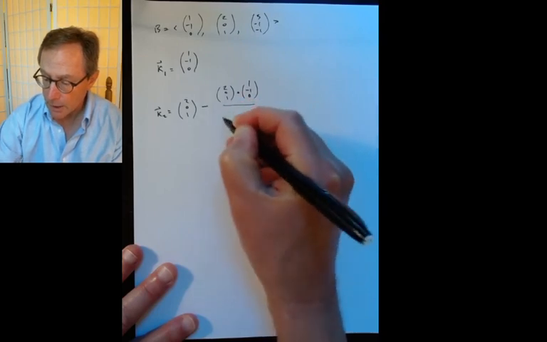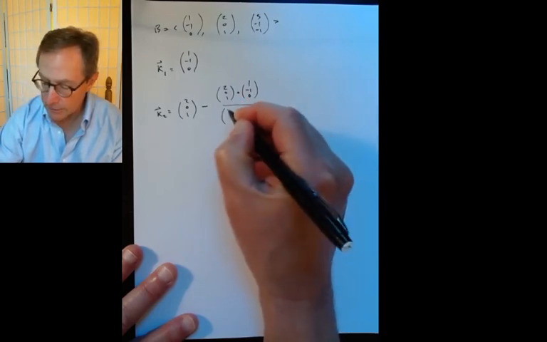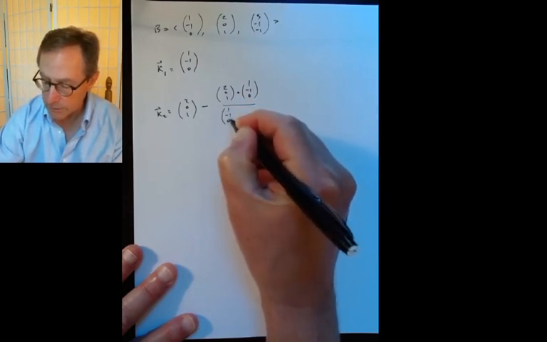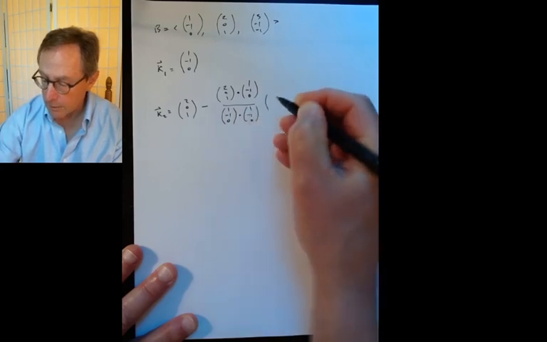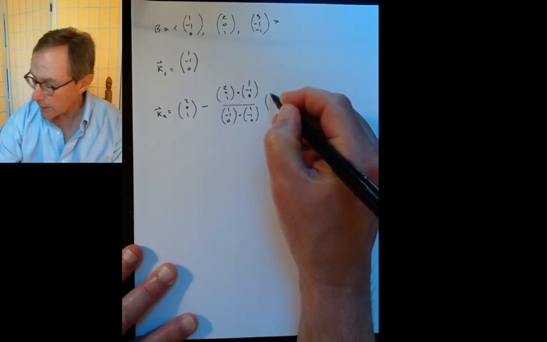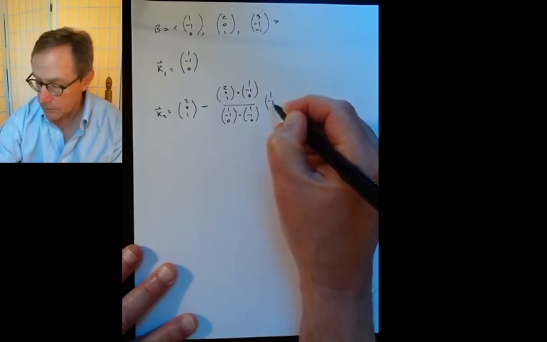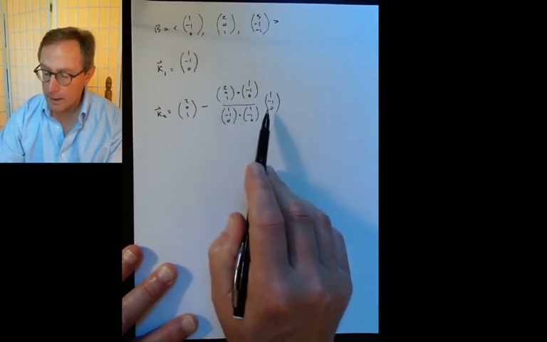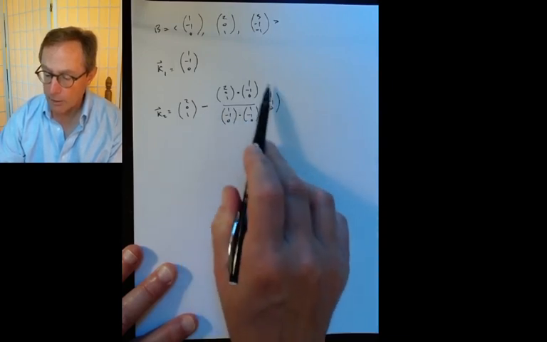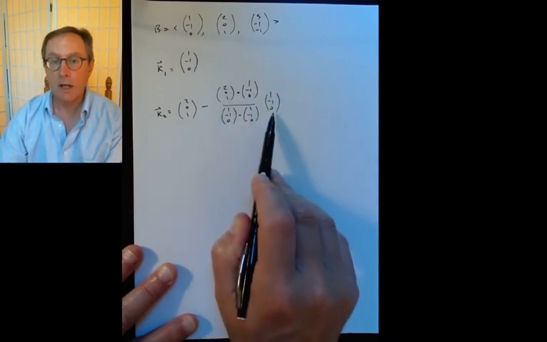I'm sorry, that's the top of the fraction. The bottom of the fraction is the dot product of 1, minus 1, 0 with itself. And this is multiplied by the vector 1, minus 1, 0.